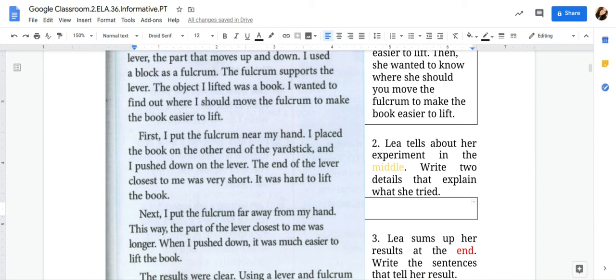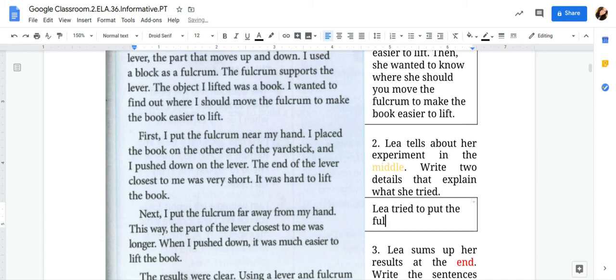3, 2, 1. All right, back to me. What did you find out? Awesome. That's right. Near her hand and far away from her hand. So Leah tried to put the fulcrum near her hand.